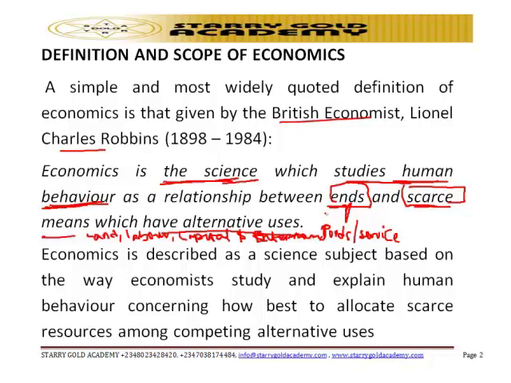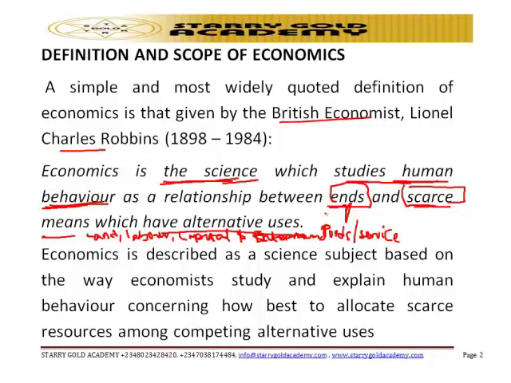So the definition of Professor Lionel C. Robbins is very imperative, and that is why it was generally acceptable. Like I said, it's a science which studies human behavior as a relationship between ends and scarce means, which have alternative uses.